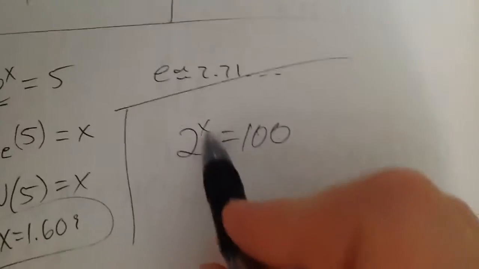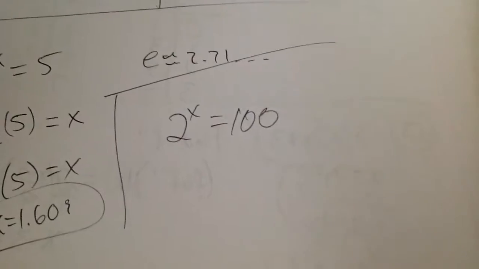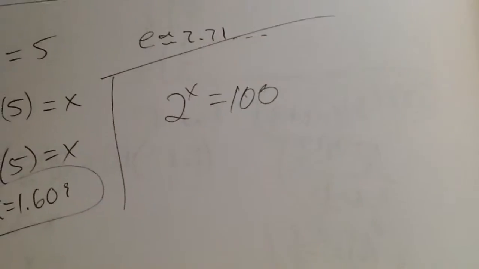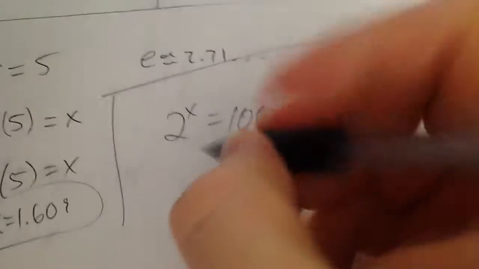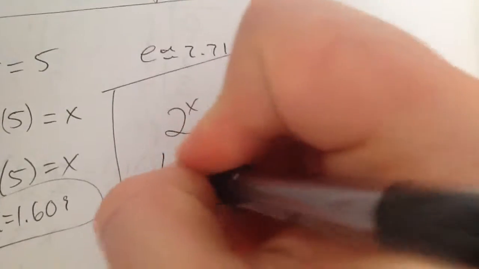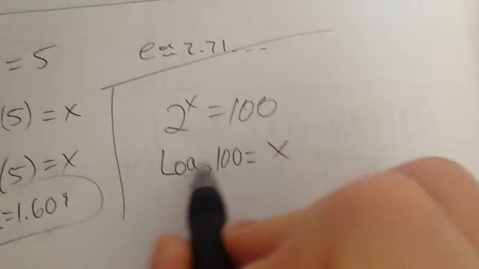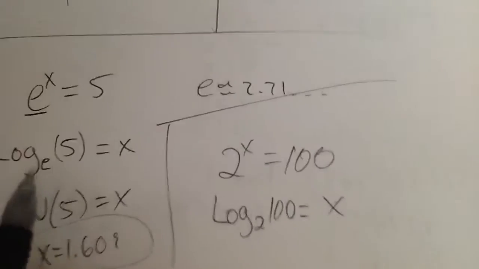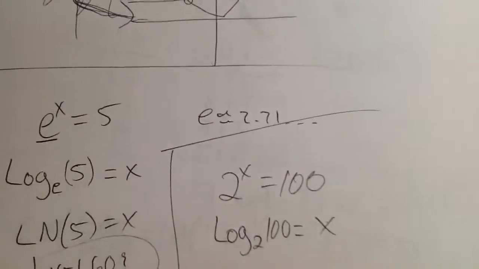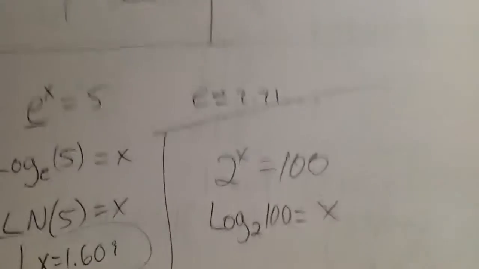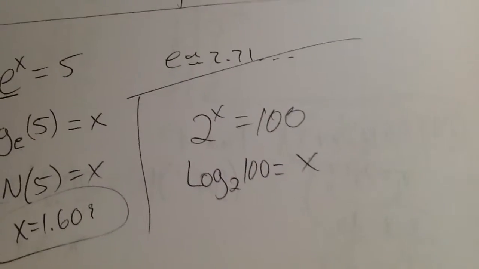Because if you're trying to solve for x here, the inverse of an exponential is a log. They're opposites of each other. So that's why I have to switch it to log form. 2 to this power gives me 100. So same process. The only difference is on this one, when you have log base e, it's ln. That's what ln means. So when you see an ln, log base e.